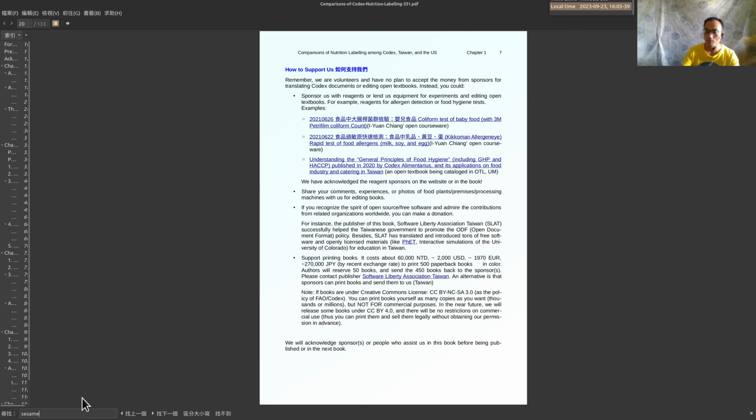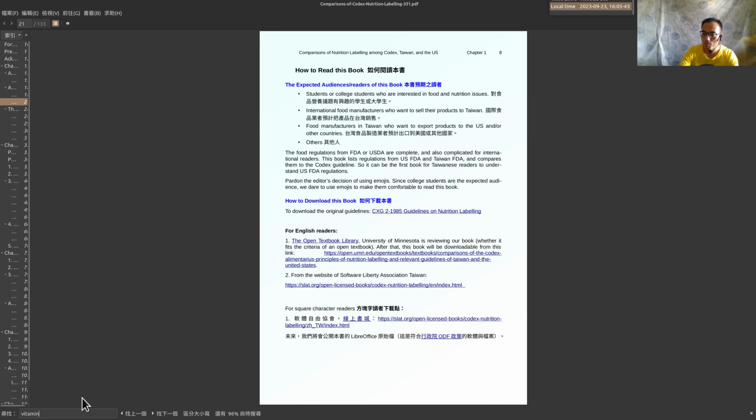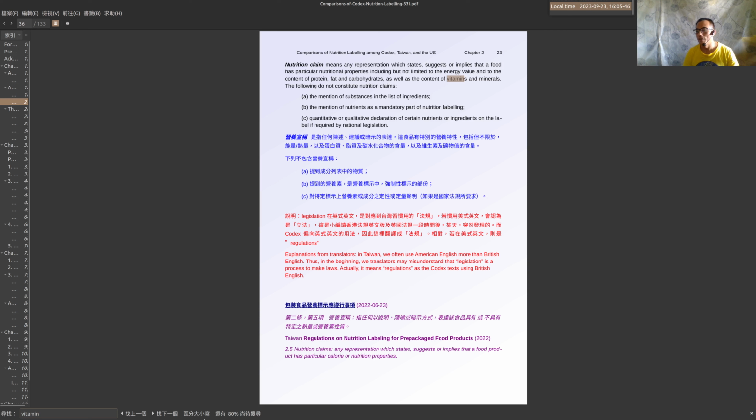Oh, no sesame. Okay. And how about vitamin? Vitamin, M-I-N. Then there are, I think, more than 200 or 300 terms in vitamin. In the future, you need to read journal papers, and this way it's easier to help you find the information. See, in this book, there are 71 instances of the term vitamin.